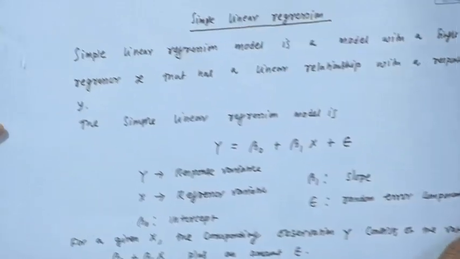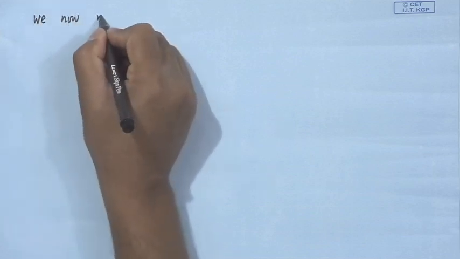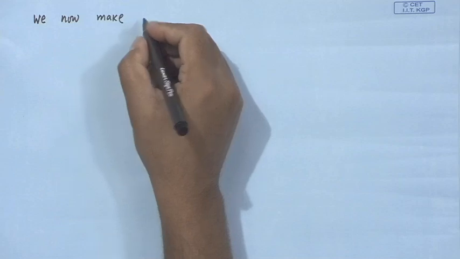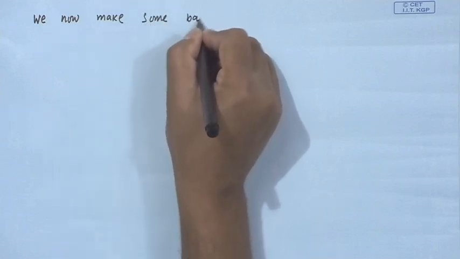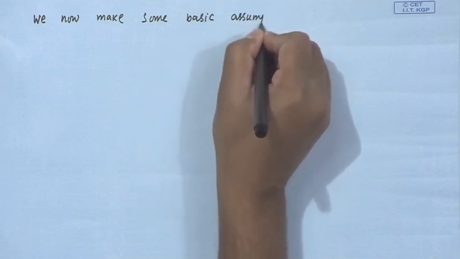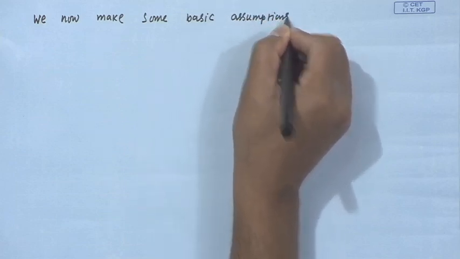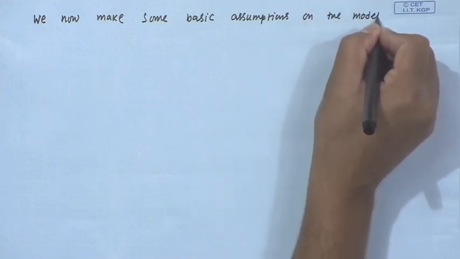So, next we will make some basic assumptions on the simple linear model. We now make some basic assumptions on the model.